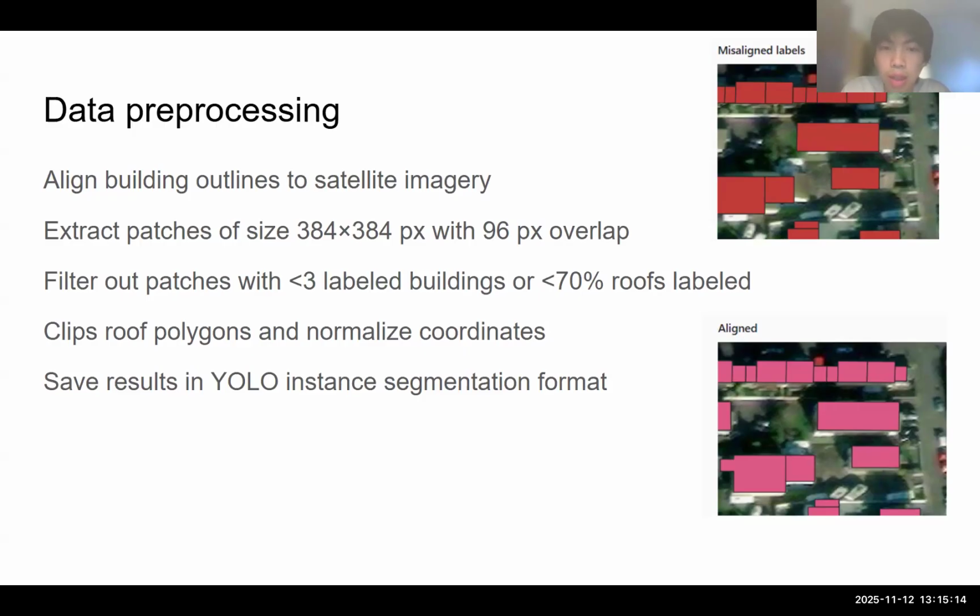So the data we inputted was patches of satellite imagery, with these patches having at least 70% of buildings within the patch with a building material label.